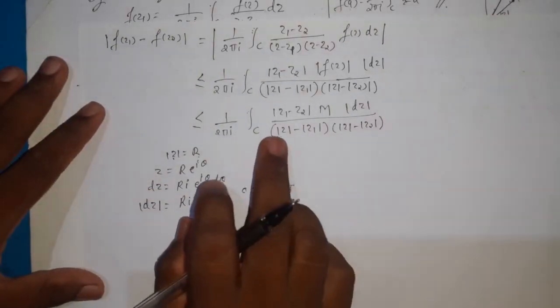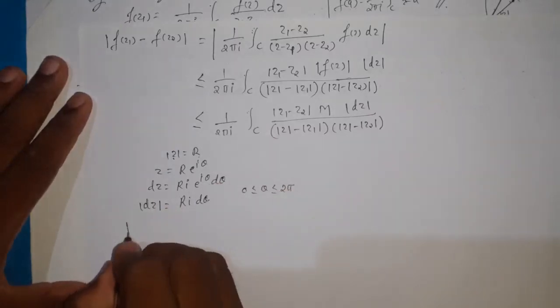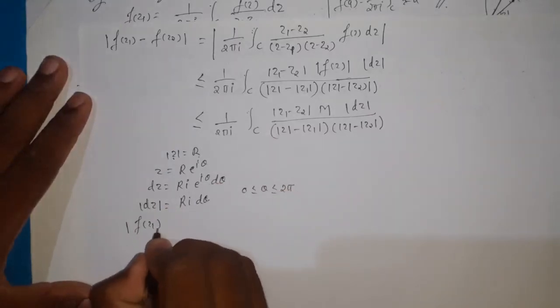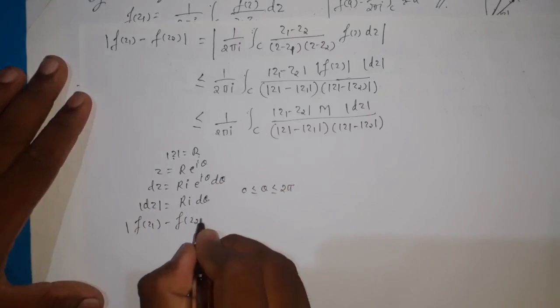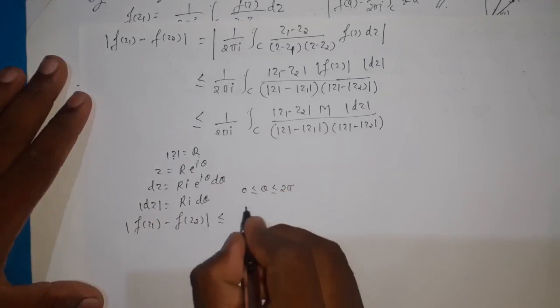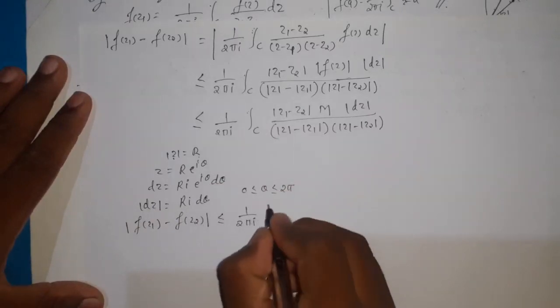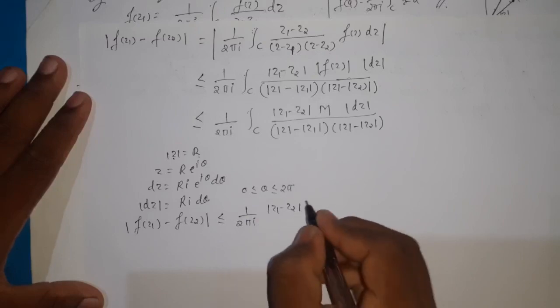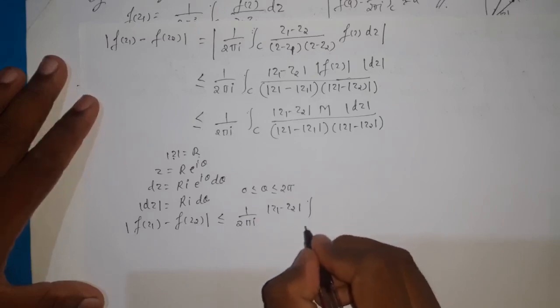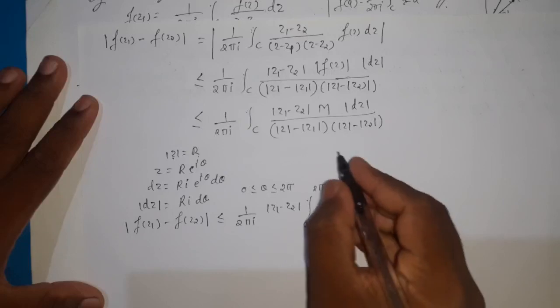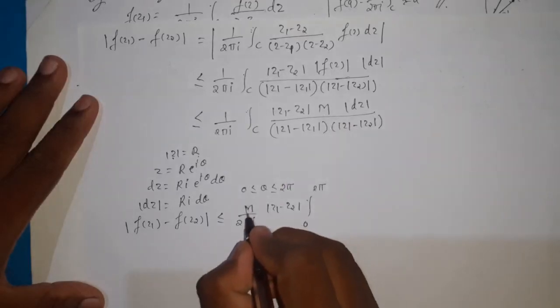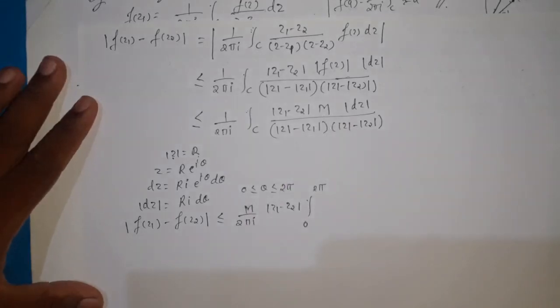Then the above equation becomes mod f of z1 minus f of z2 is less than or equal to 1 by 2 pi i mod z1 minus z2 integration over 0 to 2 pi. Here M is also constant, let us write that outside. So M divided by 2 pi i mod z1 minus z2.